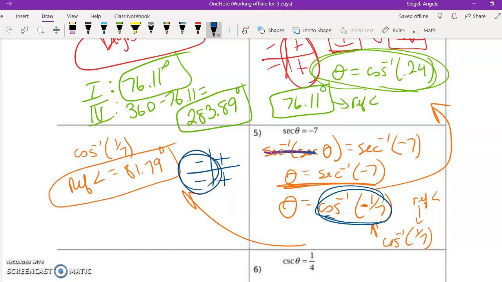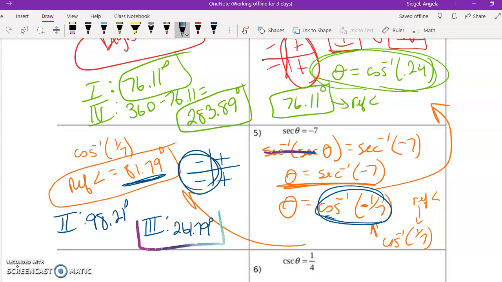So it's negative in quadrants 2 and 3. So I'm going to use this and figure out my two angles in both of those. If I took 180 minus this 81.79, I'm going to get 98.21, and that's the quadrant 2 angle. And then 180 plus this is going to be 261.79. And so those are my two answers there.